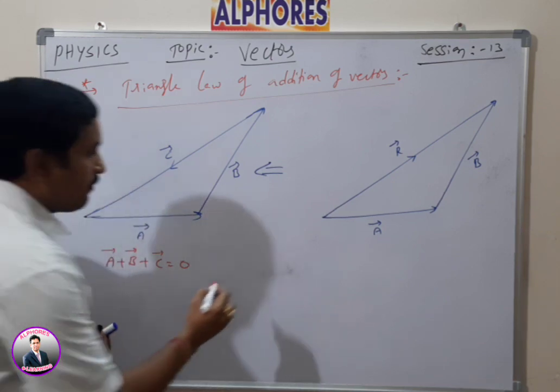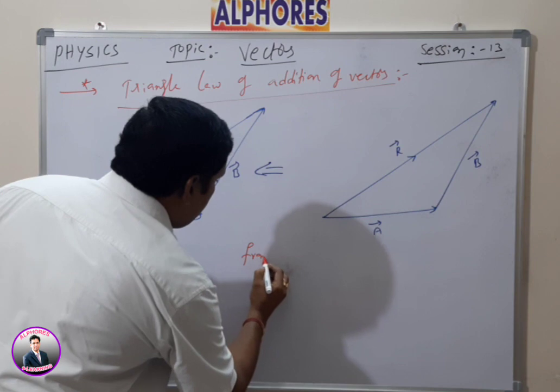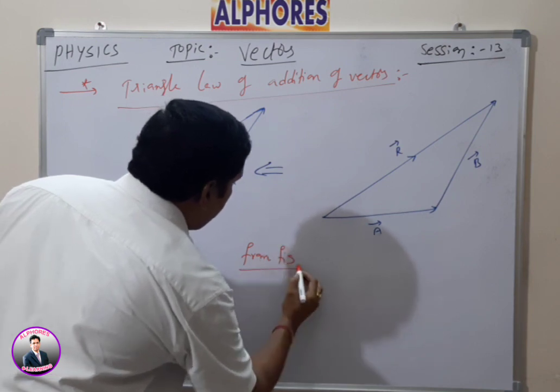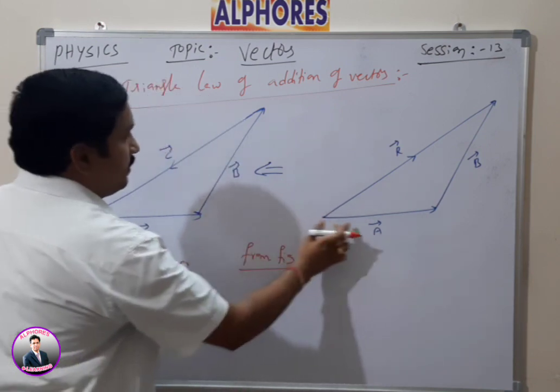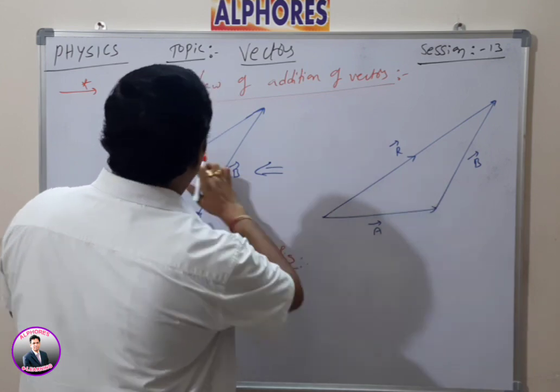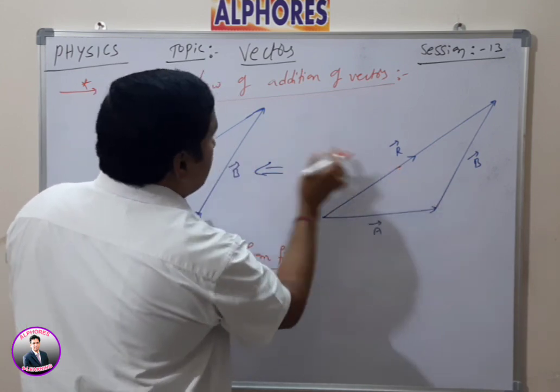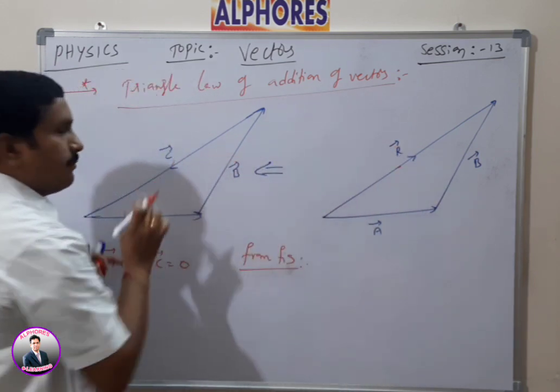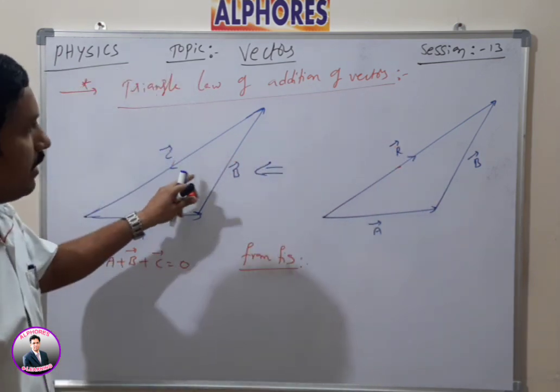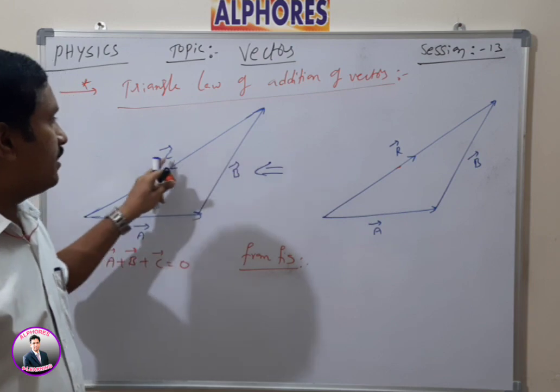Now, from the figure, what I am comparing here: this is A bar, this is A bar, this is B bar, this is B bar. By comparing these two diagrams, R bar is equal to minus C bar. Is it correct or not? Because this R bar is the negative vector of C bar.